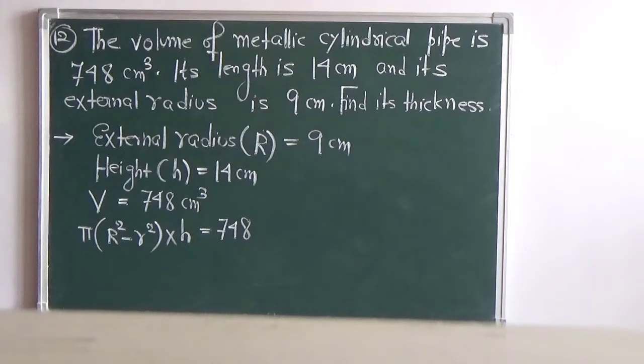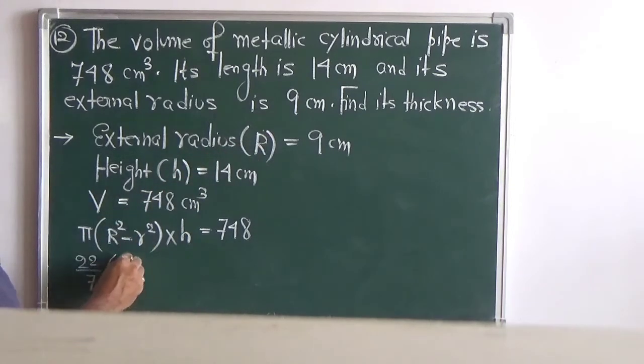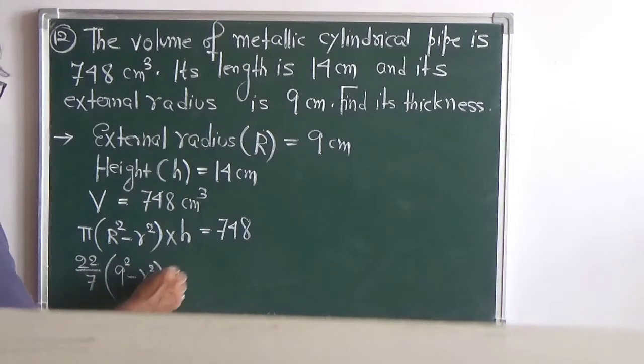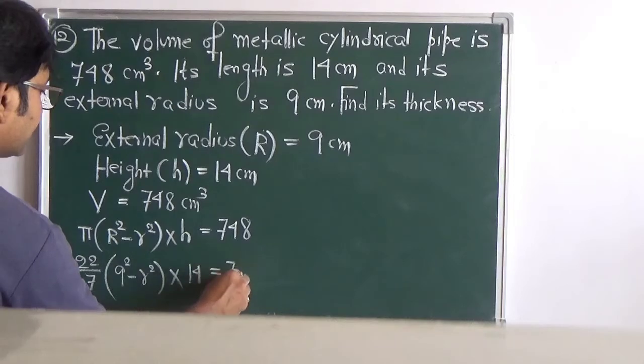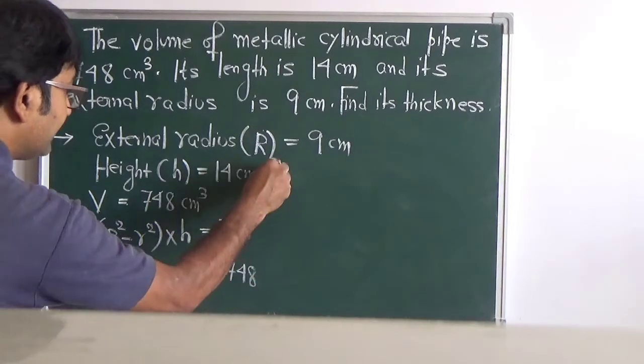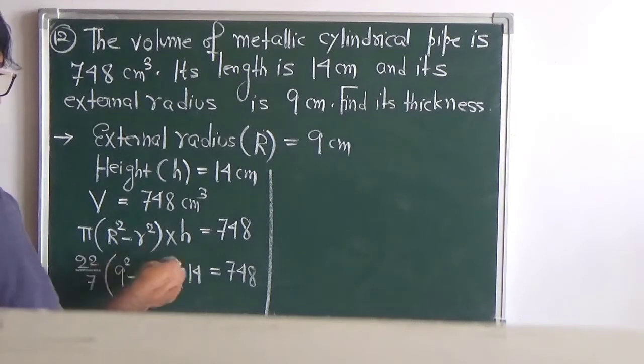So let us write 22 by 7, capital R is given 9, so 9 square minus r square, height is given as 14, and that is 748. This will be cancelled, 44.